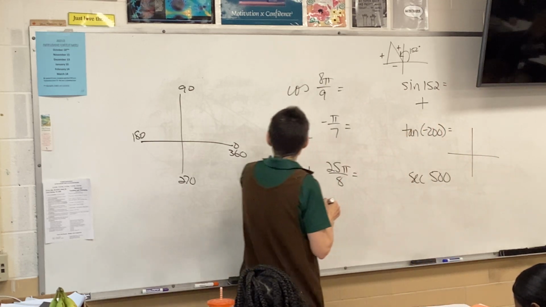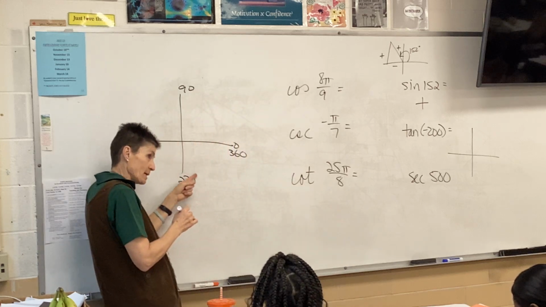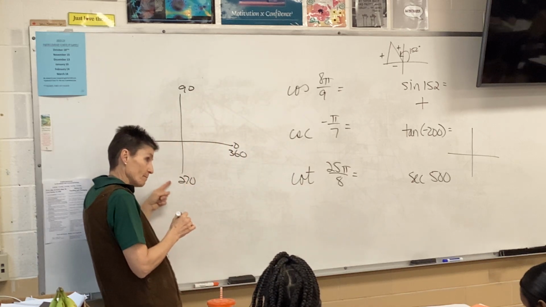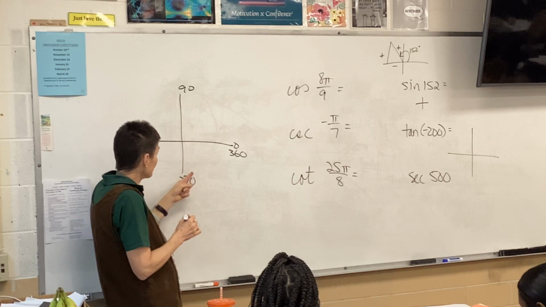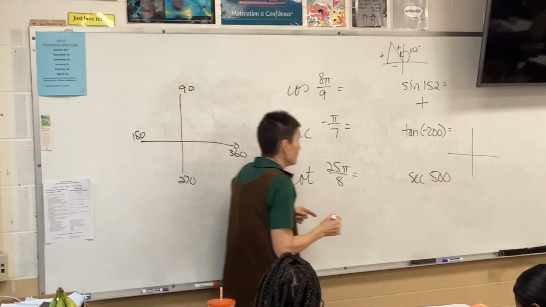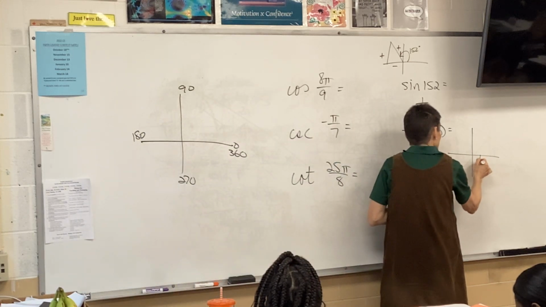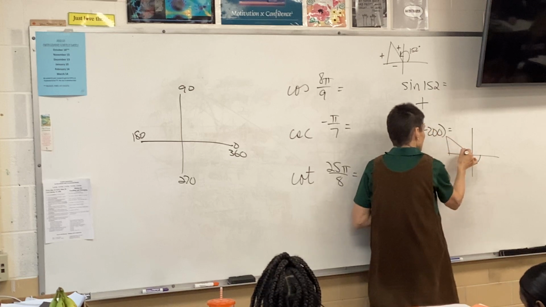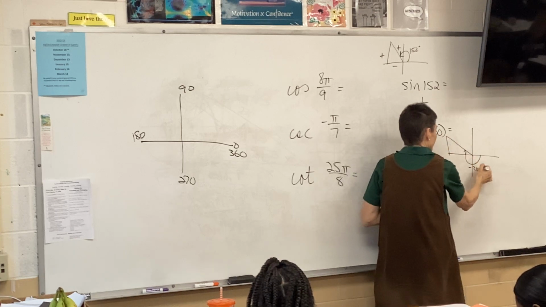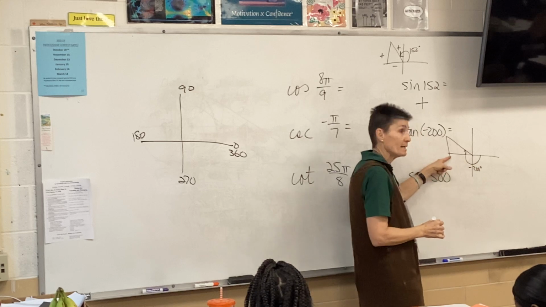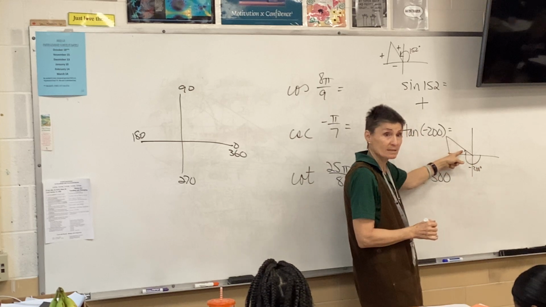Now remember, negative means that we rotate down. We go this way. So negative 200, would that also be in quadrant 2? Because this is 180, I threw a little bit past.